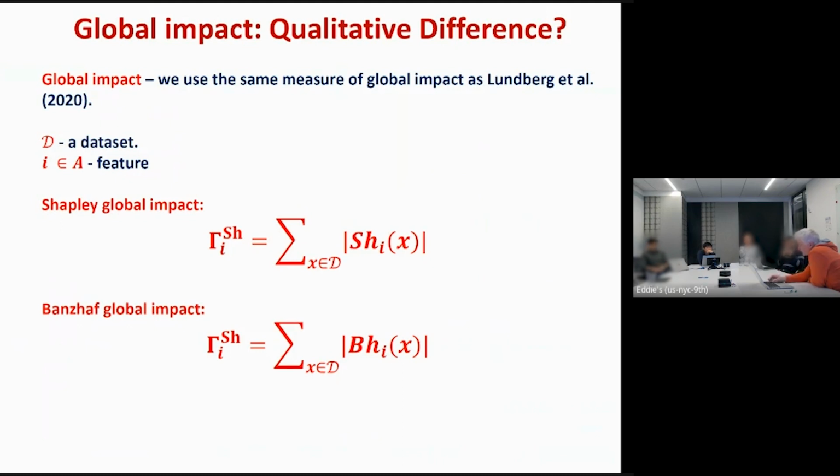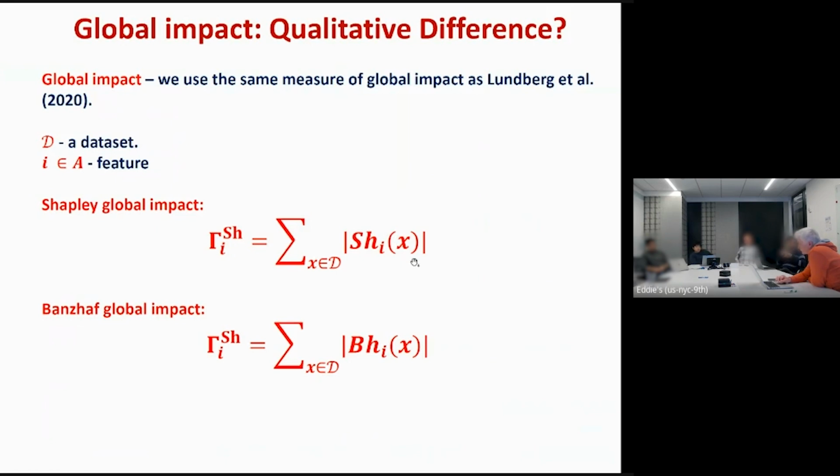The next experiment we did is we computed something called global impact. Global impact is essentially the impact of the feature averaged or summed up over all examples, all rows in your data set.